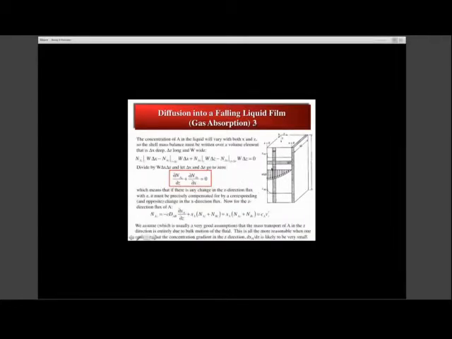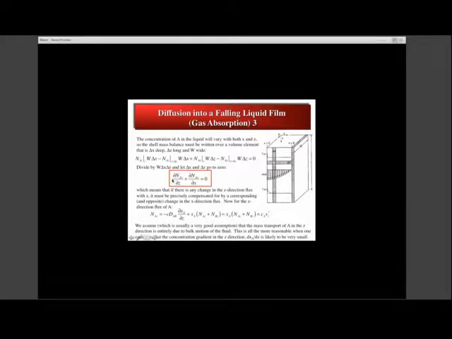Now, if you do a shell mass balance on a small element at x and x plus dx and between z and z plus dz, you will find that when you calculate the amount of A that flows into and out of a given vertical position, as well as into and out of a given position in the x direction, those all have to add up to 0.